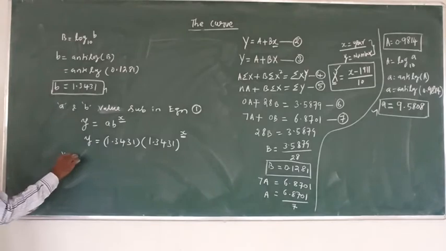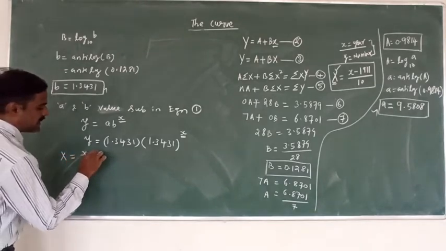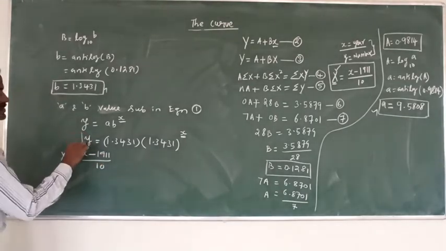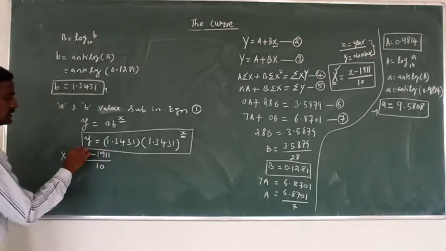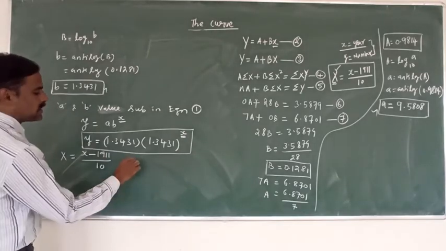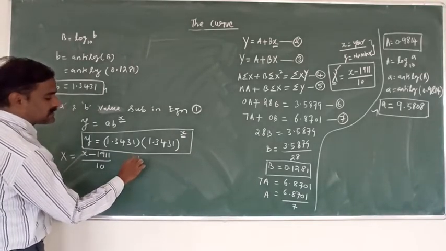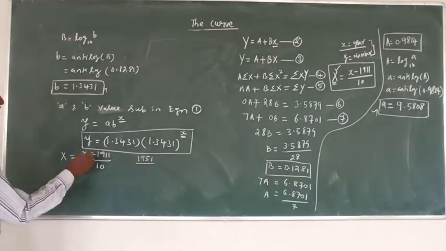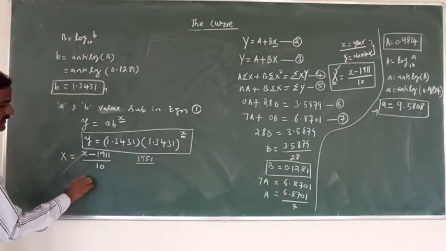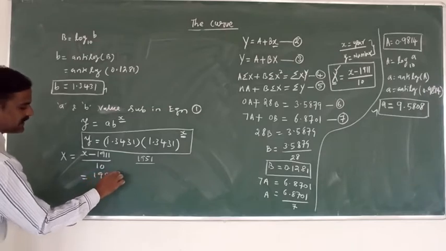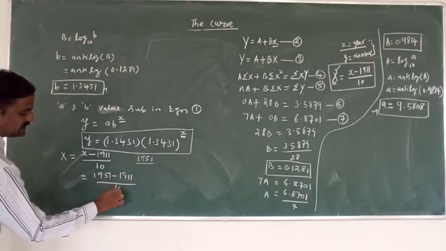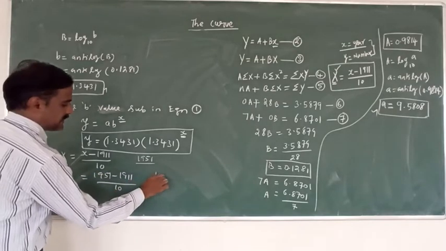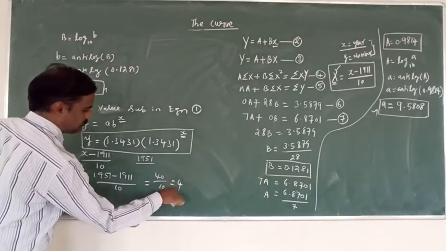In the question, to estimate in the year 1951, we have to substitute the value of x. X value 1951 minus 1911 divided by 10 equal to, now to subtract these two, result 40 divided by 10 equal to 4.